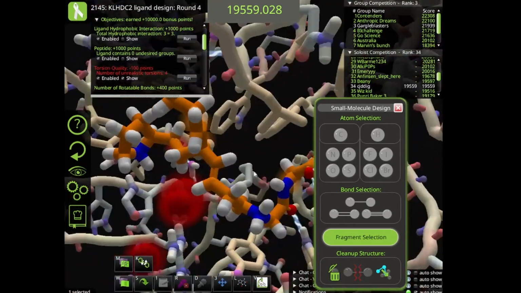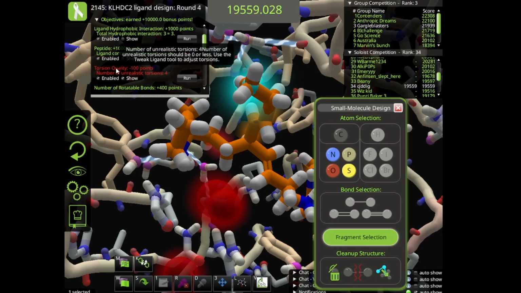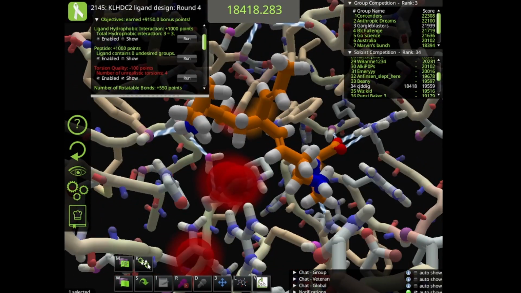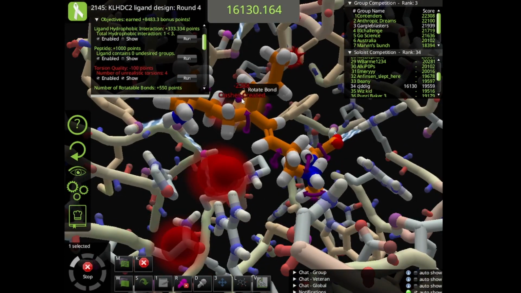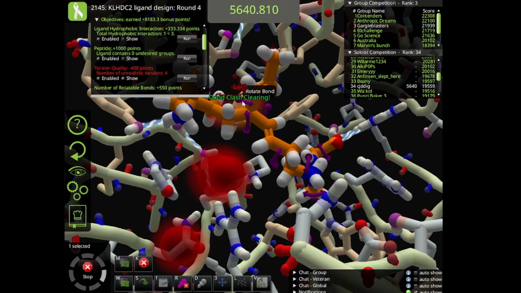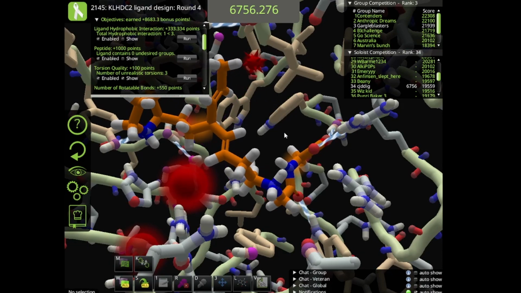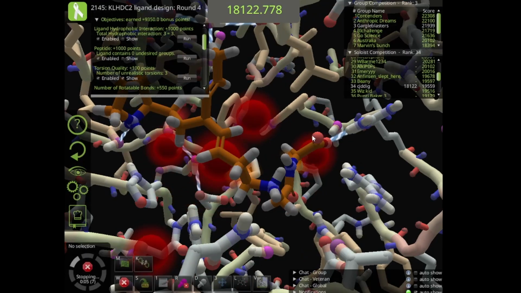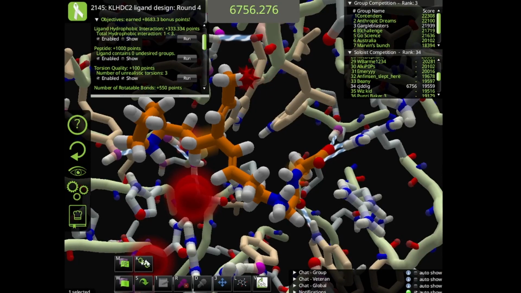So now the torsion quality, I should improve it. So maybe it's time to use the Ligand tool, Tweak Ligand. Well, oh wait. Okay.